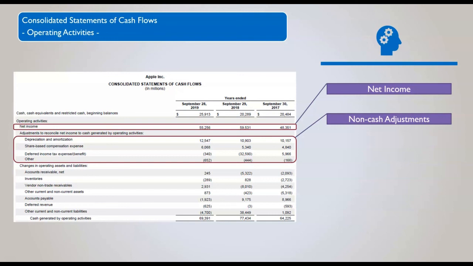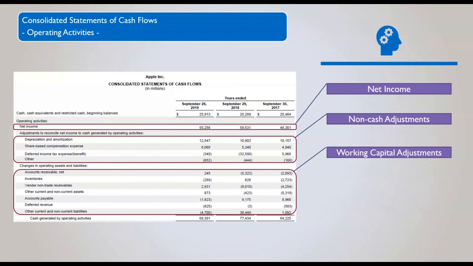We will go through both the depreciation, PP&E, and share-based compensation expense in further detail in later lectures of this course. The next portion of the section is the changes in operating assets and liabilities, also known as the working capital adjustments.